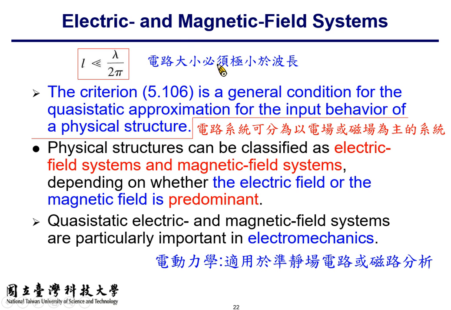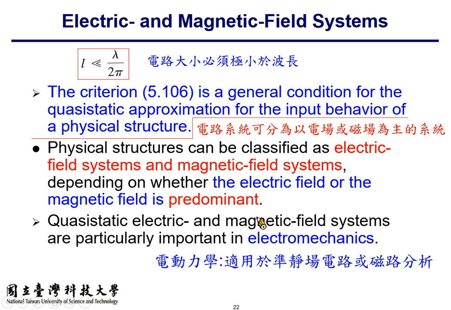So the next topic we would like to discuss is the electric field system and magnetic field system. Physical structures can be classified as electrical field system and magnetic field system depending on whether the electrical field or the magnetic field is predominant, which means for a static current source or static voltage source, what kind of field resides within the structure?